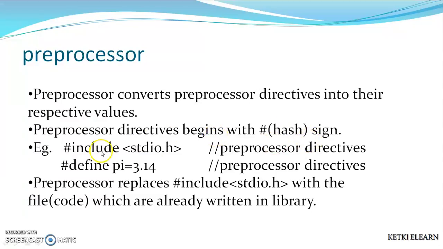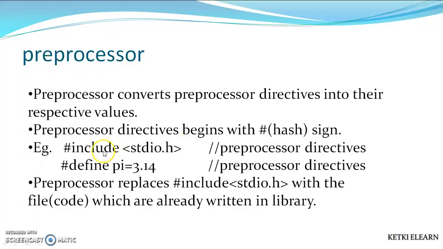For example, we'll take two examples. #include stdio.h: this statement begins with a hash sign, hence it is called a preprocessor directive. Next is #define PI 3.14. Again this statement begins with a hash sign, that's why it is called a preprocessor directive.